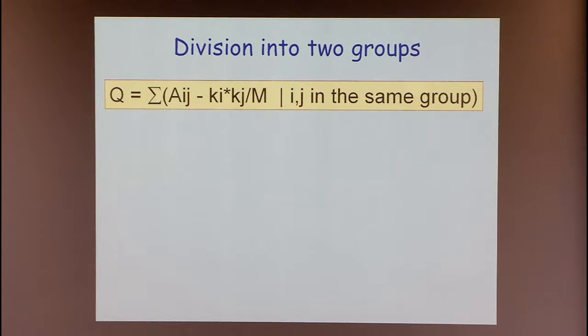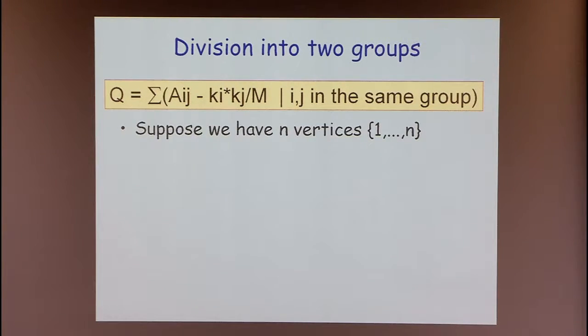So now let's write it in a more computable way. The way we are going to go about it is to denote whether i and j are in the same group using an auxiliary vector. And the way the algorithm of Newman works is that it doesn't really try to maximize the modularity function, but rather it works iteratively.